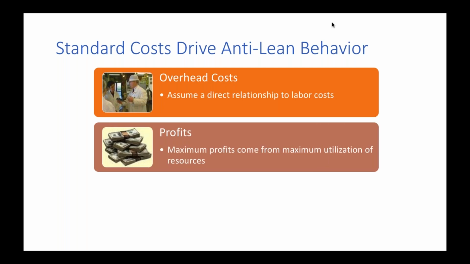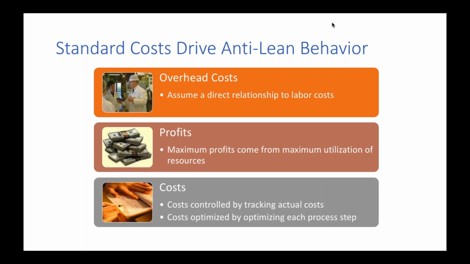Also, standard costing based income statements drive the mentality that to maximize profits, maximize utilization of resources. This gets into the overhead absorption issue. If we just absorb a little more overhead this period, we can make more money on our profit and loss statement.